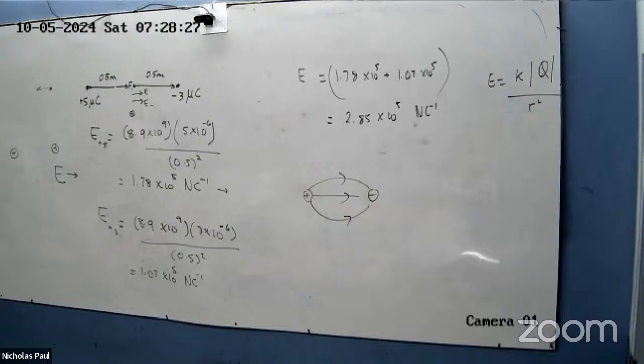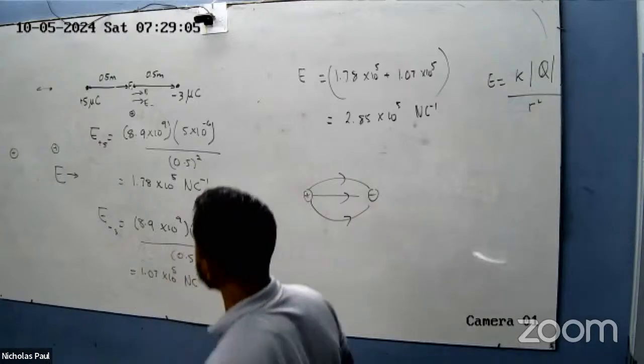What is the electric field strength at a point halfway between them? 1 microcoulomb positive and positive 2. Take your time. Same steps, right? Same steps. And just change the values a little bit, right?